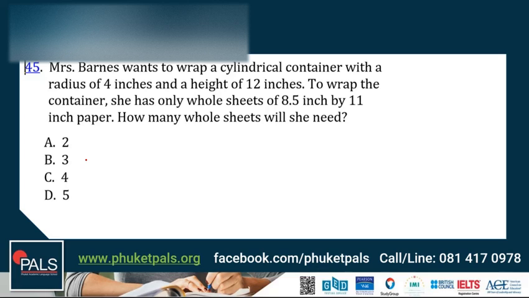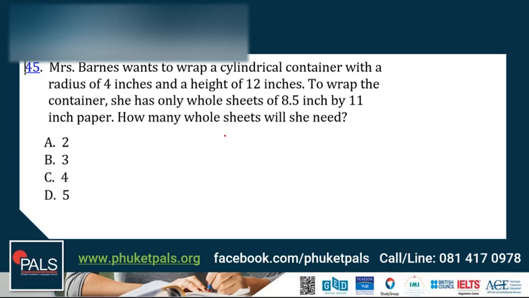Number 45. Mrs. Barnes wants to wrap a cylindrical container with a radius of 4 inches and a height of 12 inches. To wrap the container, she has only whole sheets of 8.5 inch by 11 inch paper. How many whole sheets will she need? First, let us find the surface area of the cylindrical container.